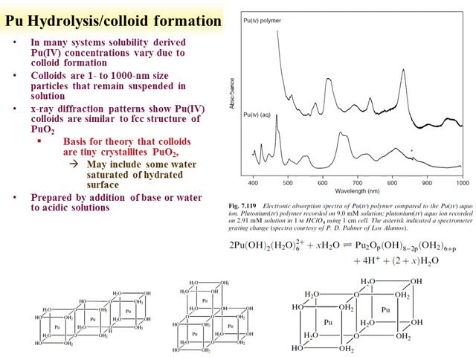So the theory is that they're fundamentally small plutonium dioxide particles in solution. One could think of this as partially hydrated, so the plutonium can be coordinated with oxygen, hydroxide, or water. You can think of it as going from the aqua species to the hydroxide and oxide species. So there's a kinetic component associated with the formation of colloids.